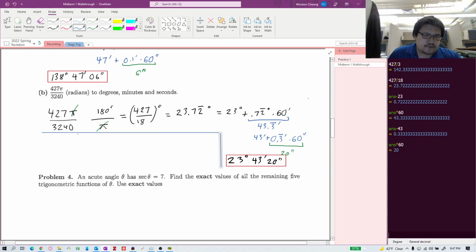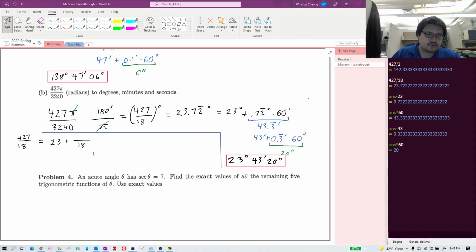So right now this is 23 plus something over 18, and our goal is to figure out what this numerator is.